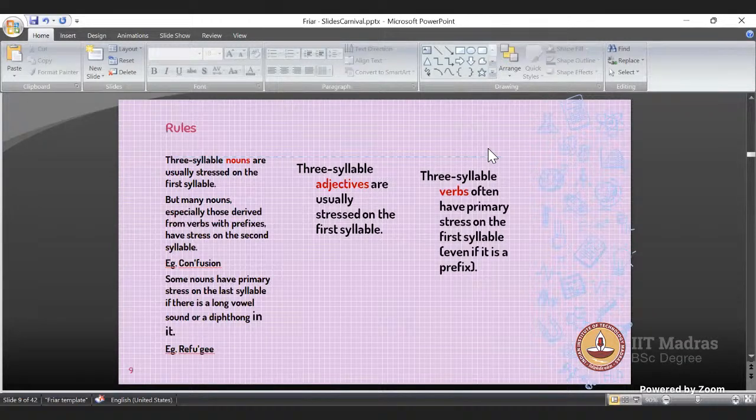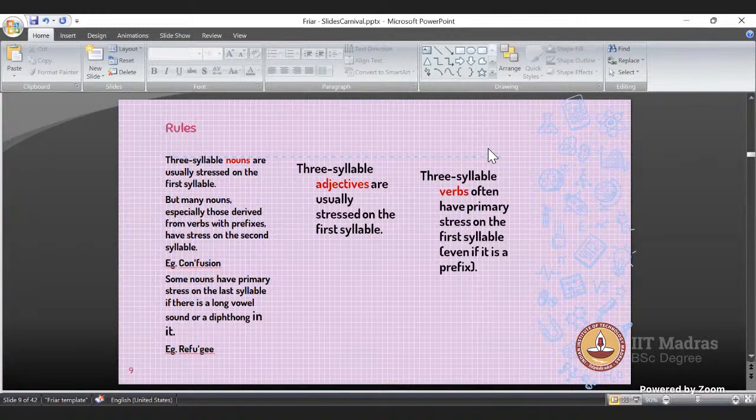The example: refugee, a three-syllable word, and the stress falls on the last syllable, gee, because your word ends with a long vowel. And if you have a word which ends with a diphthong, again the stress will fall on that part. So these are the three things.